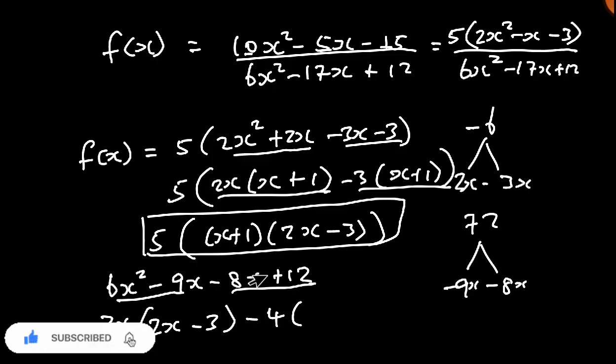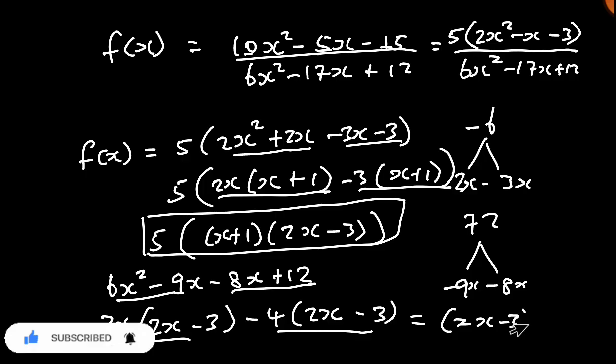Now -8x divided by negative 4 is going to be equal to 2x. Then 12 divided by negative 4 is going to be equal to negative 3. So factoring this out again, we are going to have 2x minus 3 and 3x minus 4.